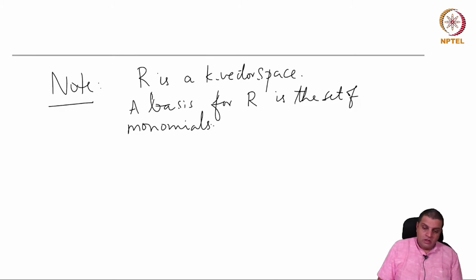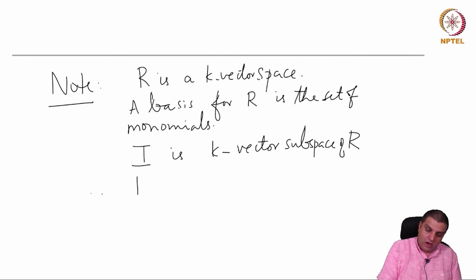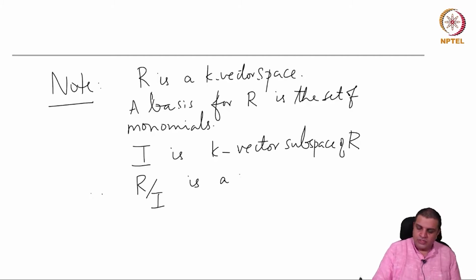I is a K vector subspace of R. Therefore, R mod I is a K vector space, a quotient vector space.